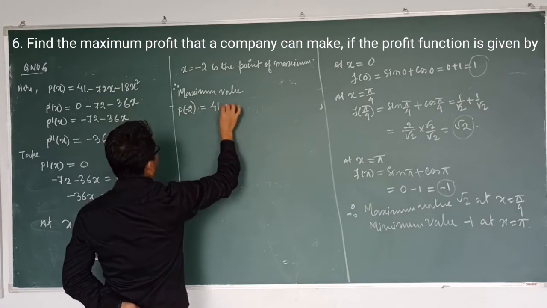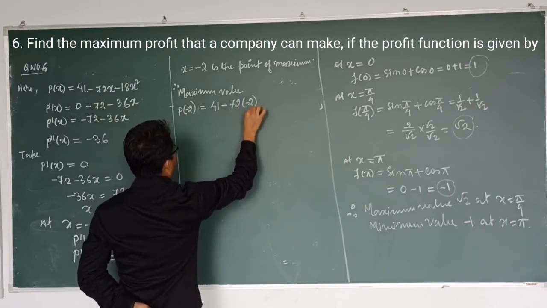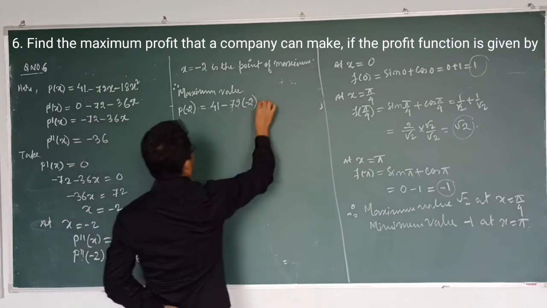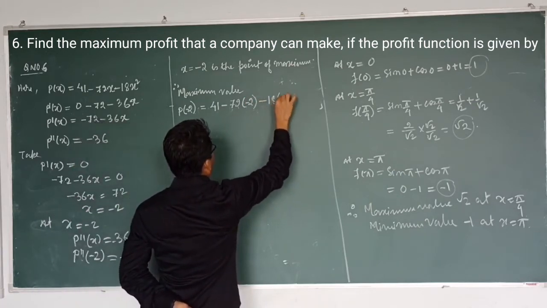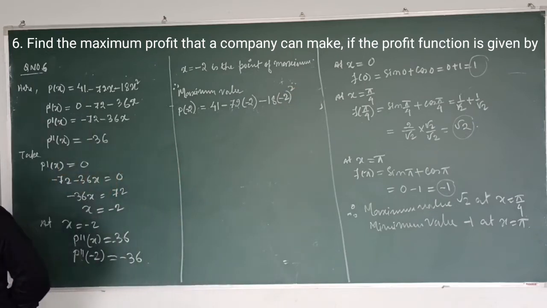It becomes 41 minus 72 times minus 2, then minus 18 times minus 2 whole square. Now it's time to simplify.